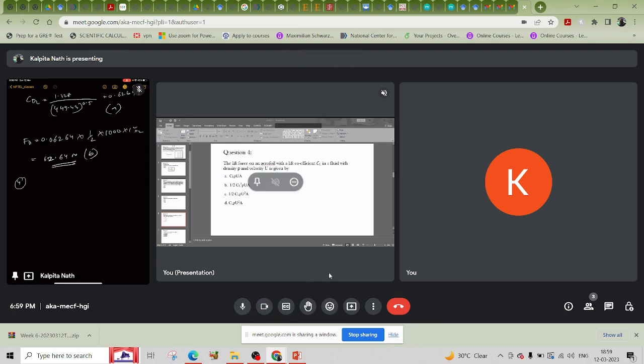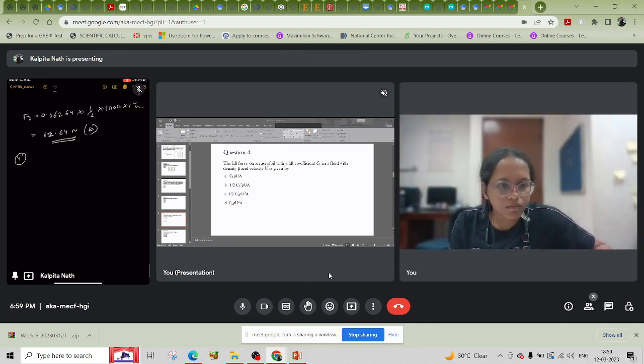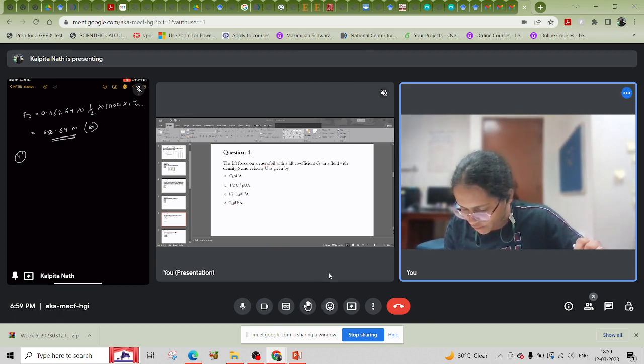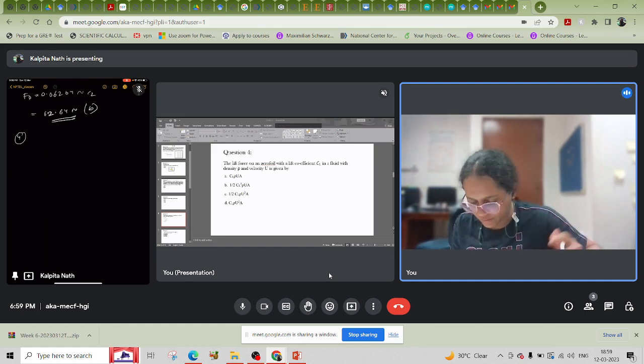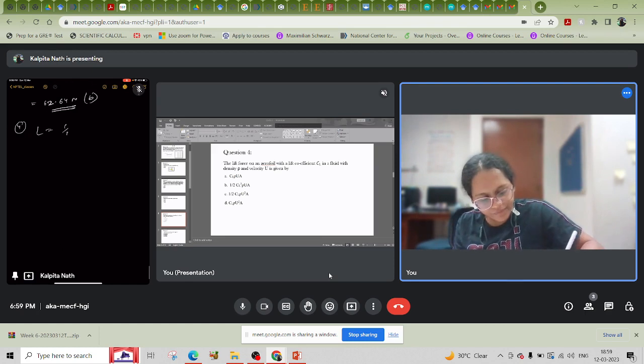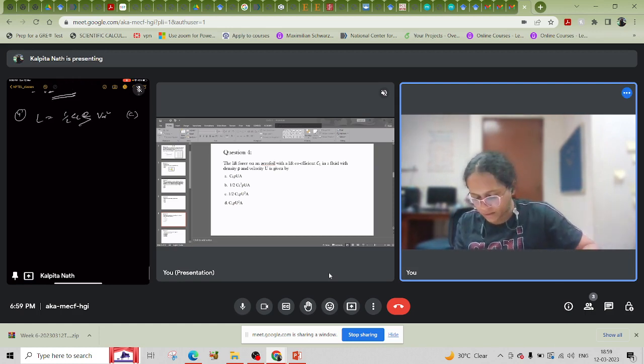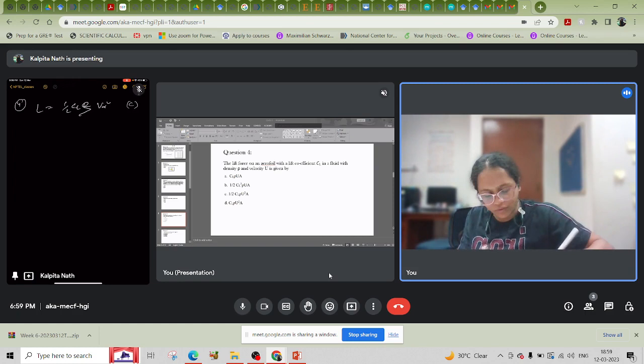Okay, so let us start with the solution of question number 4. Let us consider the lift force that is acting on an airfoil, found experimentally through the wind tunnel, and it comes out to be half C_L rho V infinity squared. That is the answer C. But we will derive the drag force and the lift force for an element. Suppose this is a fluid, this is a solid element, and this is the pressure that is acting.